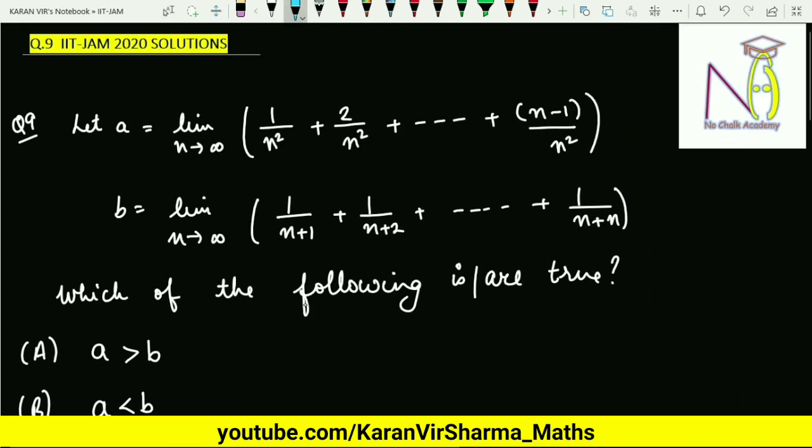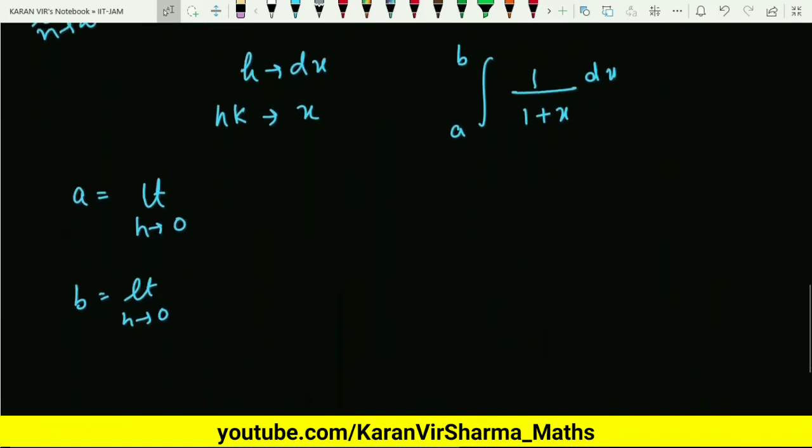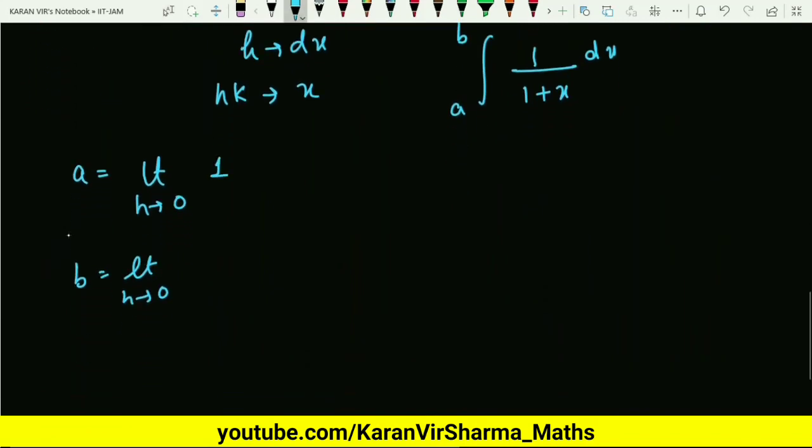In this series we are varying 1, then we have 2, and so on, and the last term is n. So the first initial value is 1. When you calculate the lower limit, just substitute 1 here. This is a short trick to calculate the limits. Similarly, for the upper limit, you just substitute the last value which has varied, which is n, and multiply it with h.